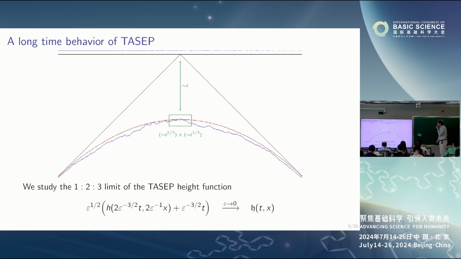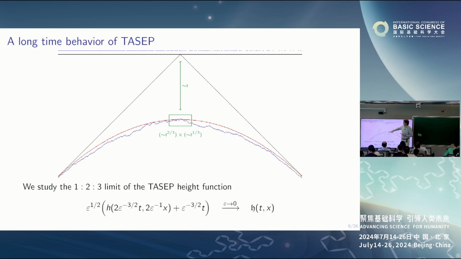Okay, so if you run the model for quite a long time, and if we zoom out the picture, then we will see something like this blue curve. I should say that at time 0, the height function was this wedge, this gray curve, which corresponds to the so-called step initial condition.